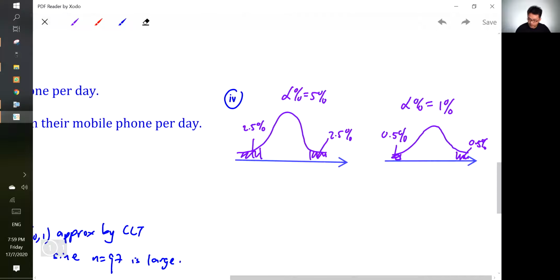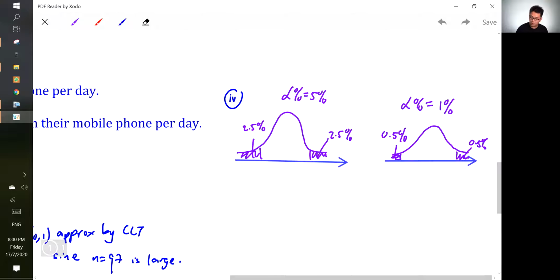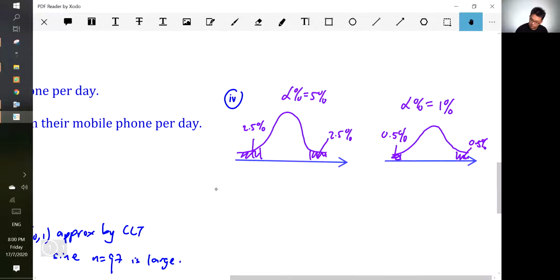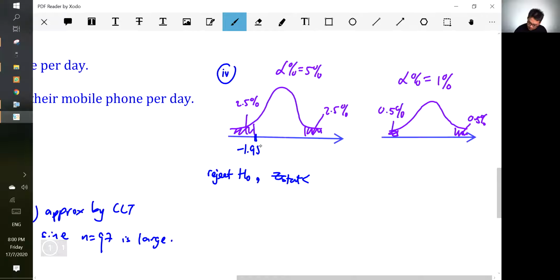Now, if you reject H naught, one thing for sure is where your Z stat will be. If you already reject H naught, your Z stat is either less than this boundary we just found, negative 1.95, or more than 1.95.